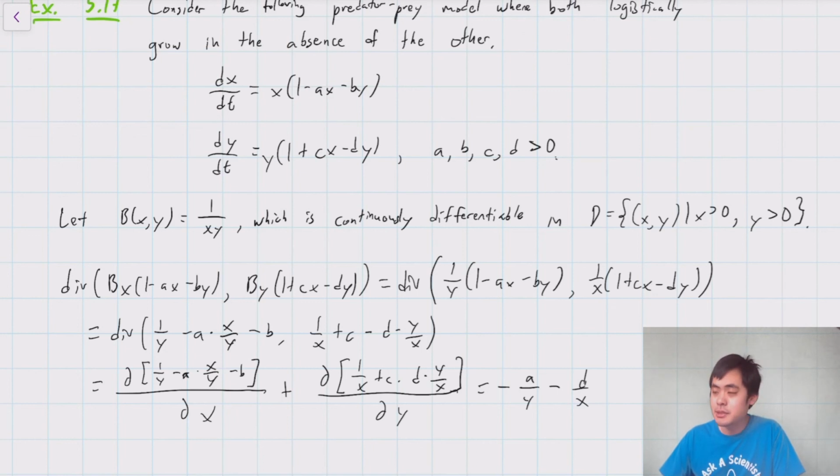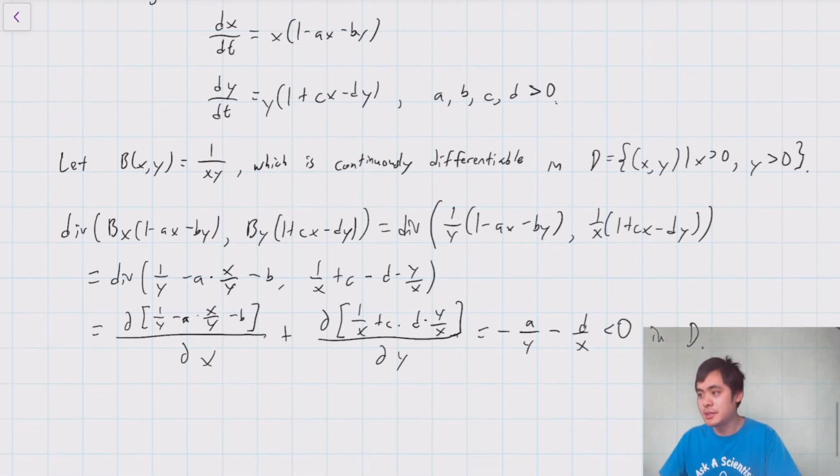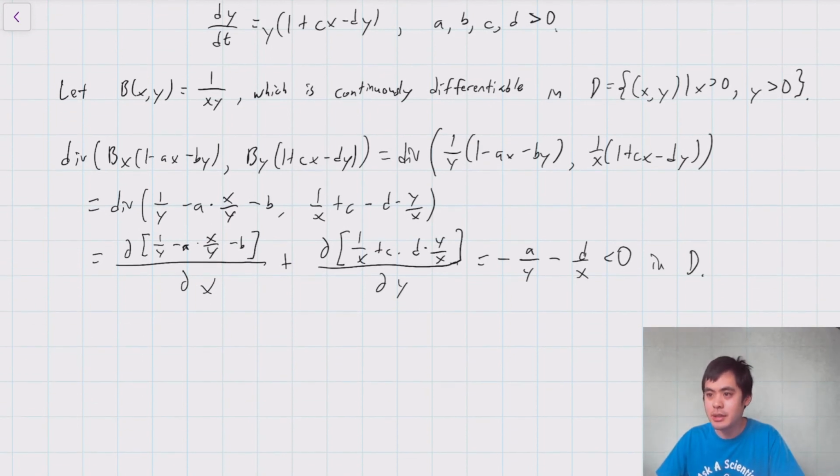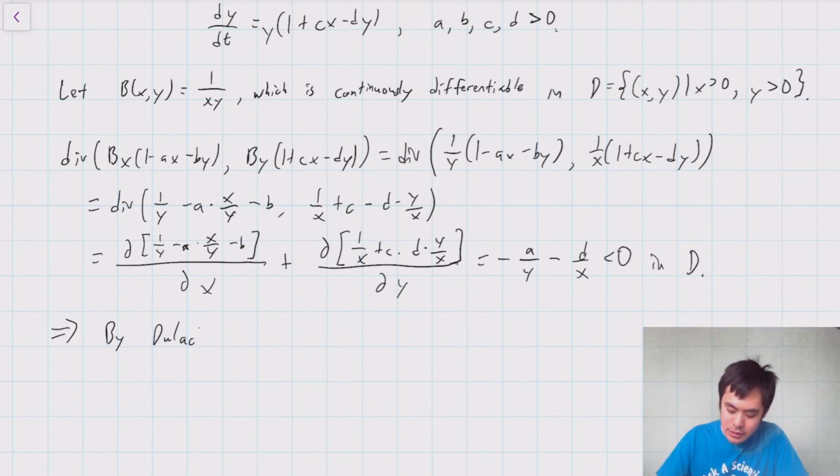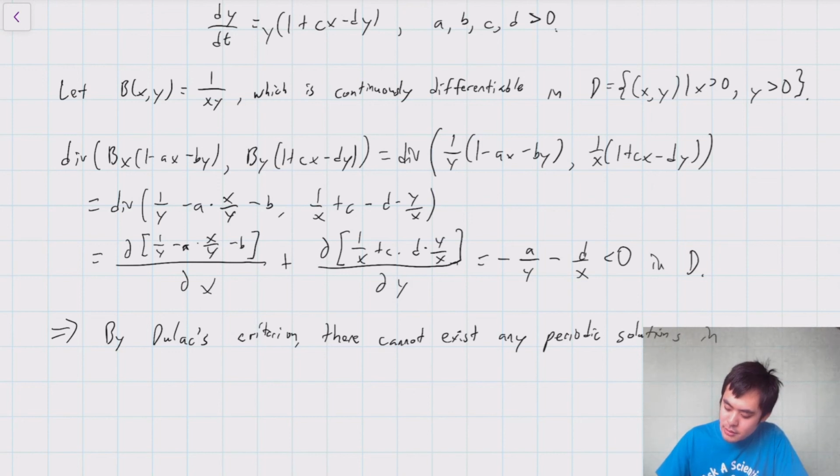Because our constants are positive and we're working in the positive quadrant, this is strictly less than 0 in D. So it's not identically 0 and it never changes sign. Therefore, by Dulac's criterion, there cannot exist any periodic solutions in D.